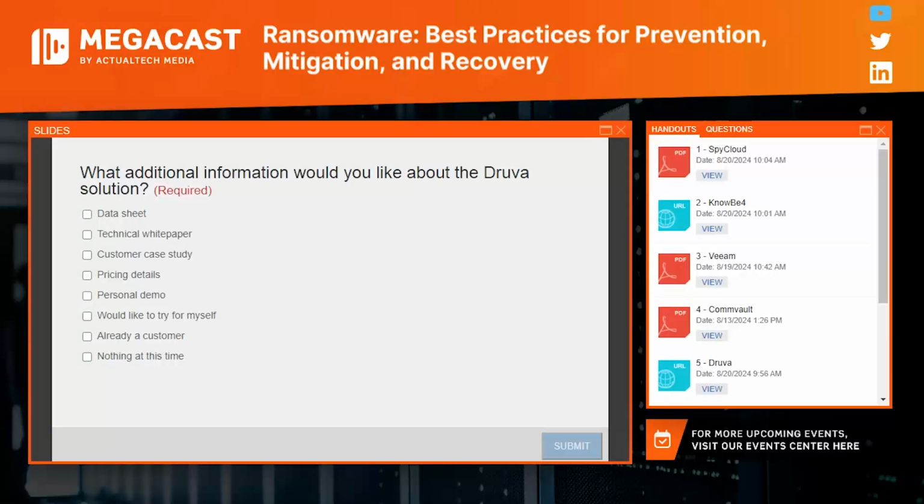Okay, so first question I've got is from Holden. Holden is asking, how does Druva's cloud-native architecture support continuous data protection and rapid recovery in the face of emerging threats? And what best practices can you recommend for leveraging your platform to enhance both proactive mitigation and post-incident recovery efforts?